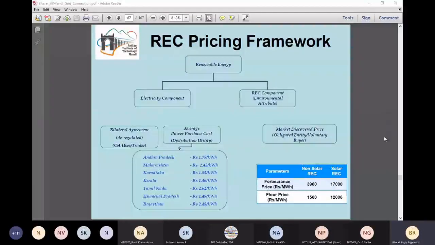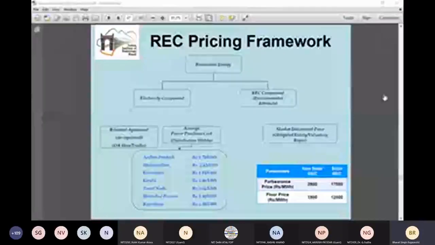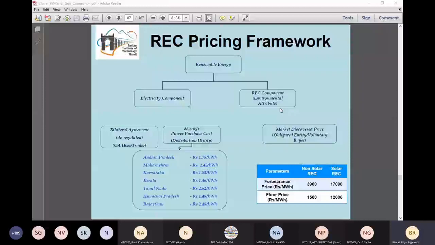Now, from where is the remaining part of the money, as compared to the preferential tariff, going to come? It is going to be discovered in the market exchange. In the table below you can see the upper price, known as the preference price, and the floor price or the minimum price.